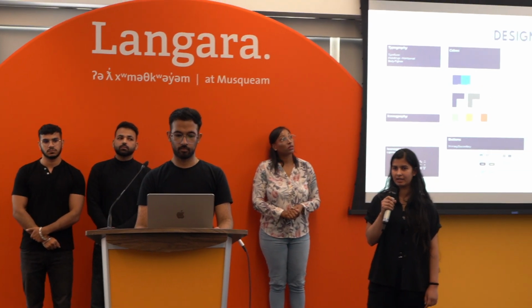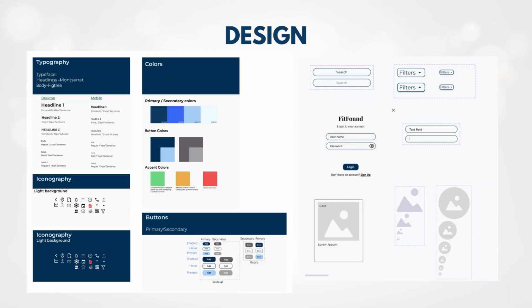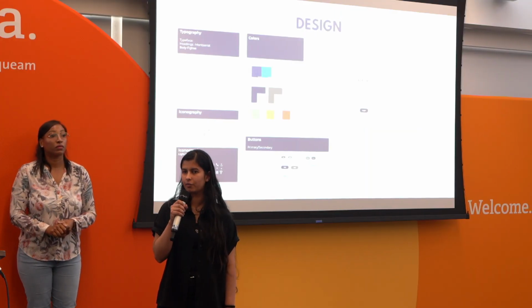Let's walk through the design process that shaped the visual and functional identity of FitFound. We adopted a modern type system, Montserrat for the headings and Figtree for the body text. This ensured consistency and readability throughout our platform. We use a primary color palette based on shades of blue, representing trust, clarity, and professionalism.